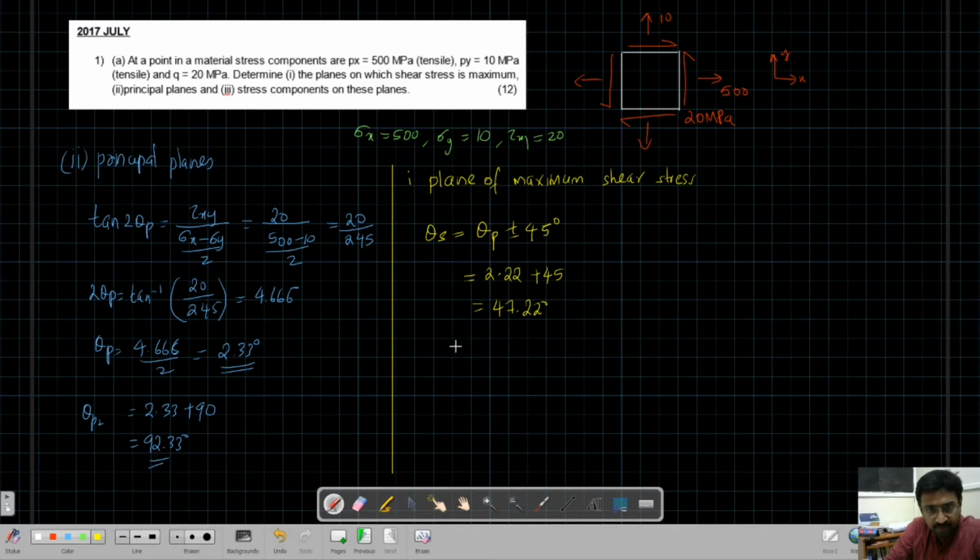Also we can find the second value, theta s is 2.33 minus 45, which is equal to minus 42.67.